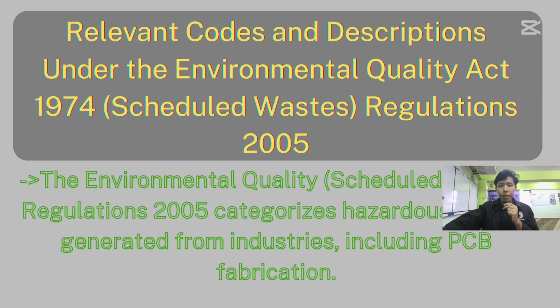And the last topic that we are on today is relevant codes and descriptions under the Environmental Quality Act 1974, Schedule Waste Regulation 2005. The Environmental Quality Schedule Waste Regulation 2005 categorizes hazardous wastes generated from industries including PCB fabrication.